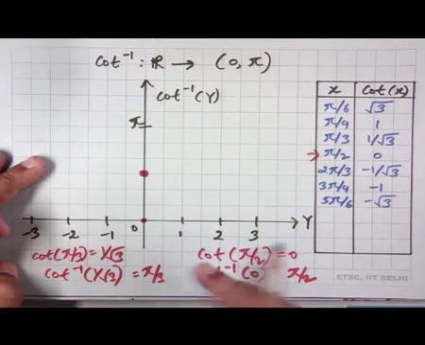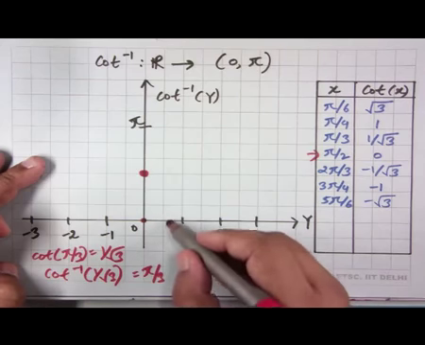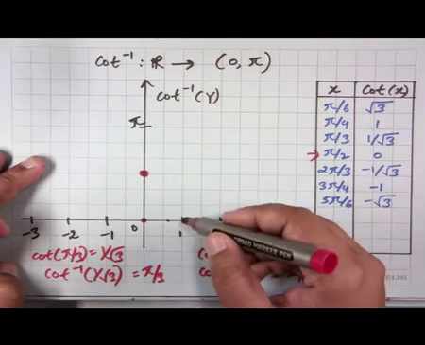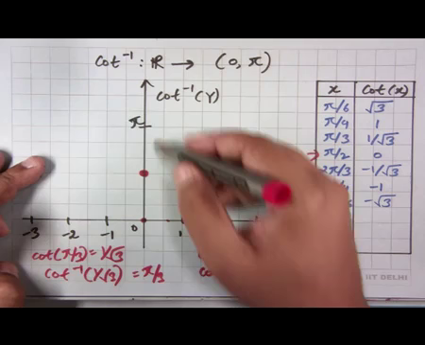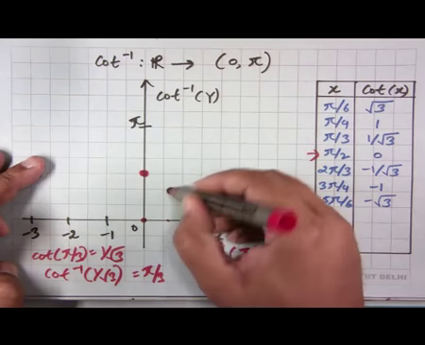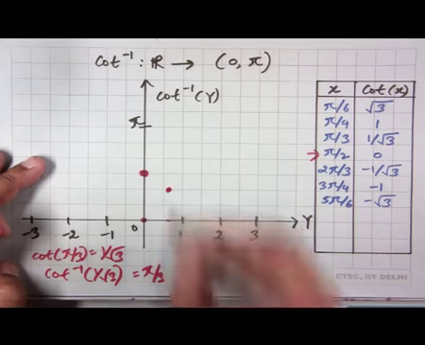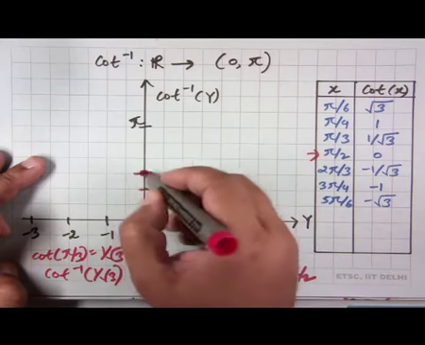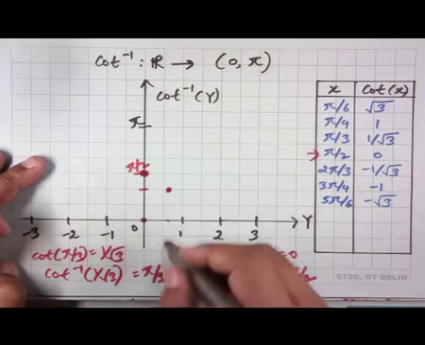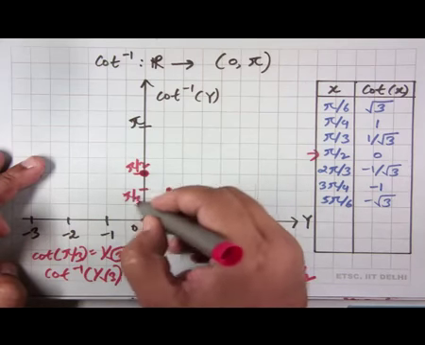So, we will get this point here. This was pi over 2, and this is equal to pi over 3.